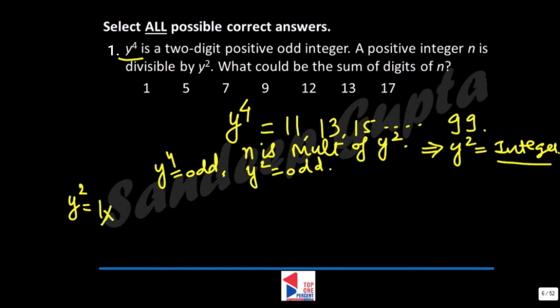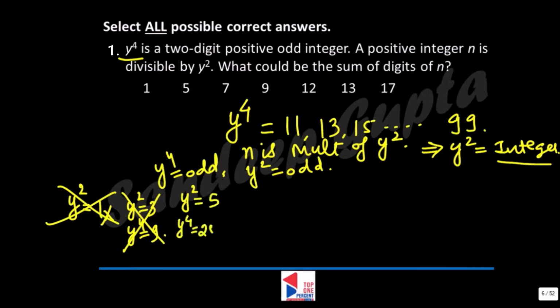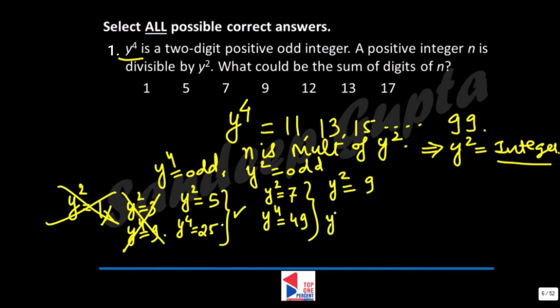This will not work because 1 square will be 1 itself, that is a single digit number. y square could be equal to 3, so y to the power 4 will be equal to 9, but 9 is also a single digit number, so even this will not work. y square could be equal to 5, so y to the power 4 is equal to 25. y square could be equal to 7, so y to the power 4 equal to 49. This works clearly. And y square could be equal to 9, so y to the power 4 could be equal to 81. This also works.